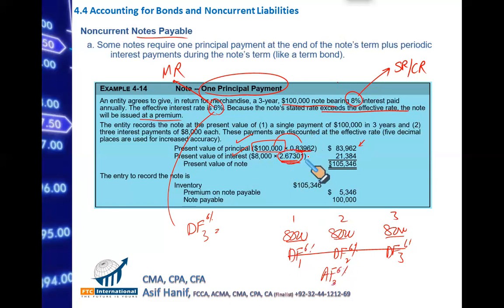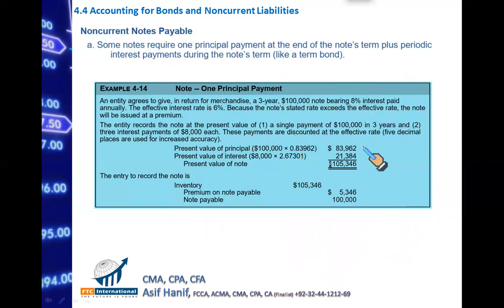This annuity factor brings the present value of all 3 cash flows. So multiplying 8,000 with 2.6730 returns the present value of these 3 future payments. Now, the present value of principal and the present value of these 3 interest payments equals 105,346.